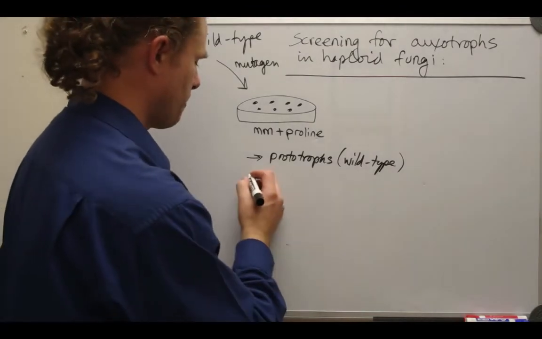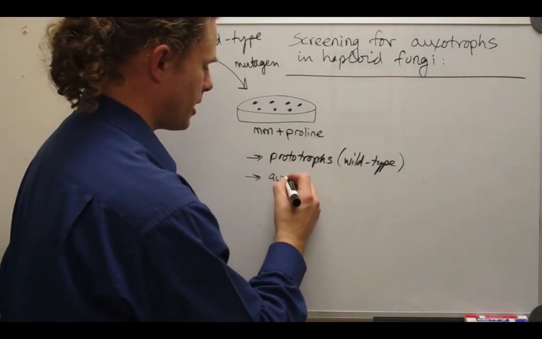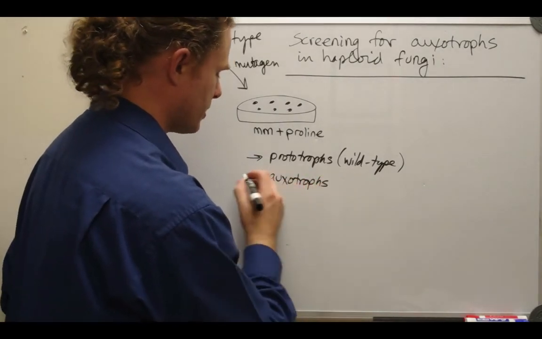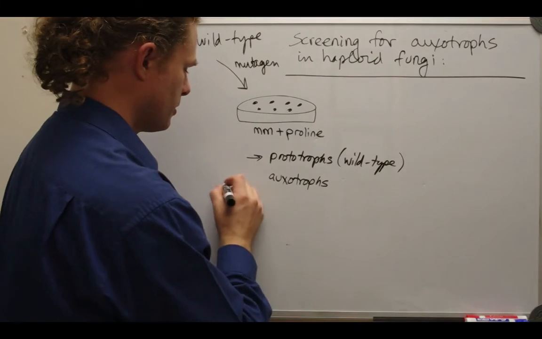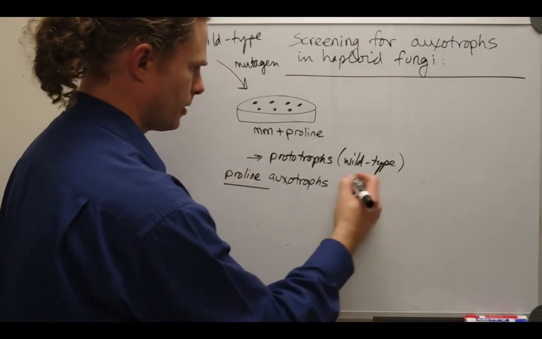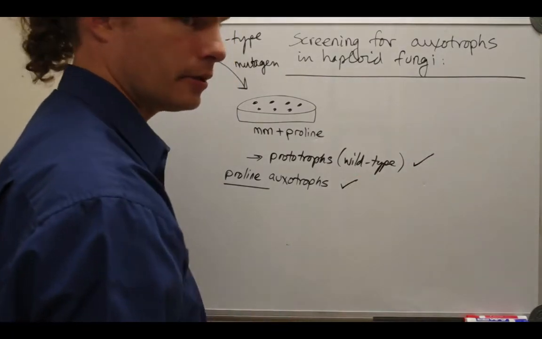That will grow on this media. This media will also allow for auxotrophs to grow, but specifically we would have to say proline auxotrophs. So wild type can grow and proline auxotrophs can grow.